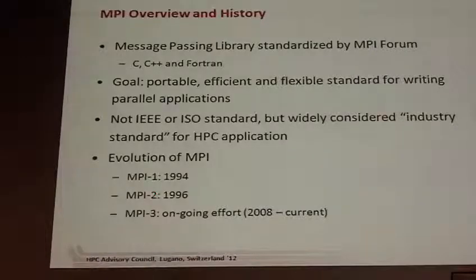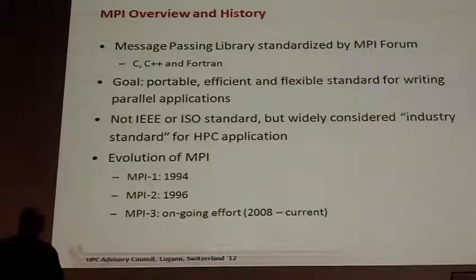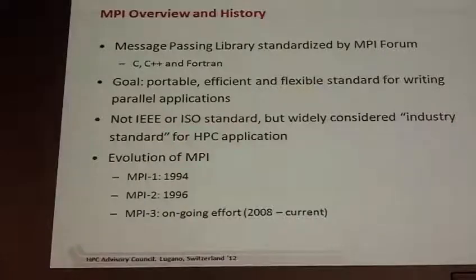A few years later, people tried to introduce newer primitives so that people can more easily write applications. This is where MPI-2 came. For almost 12 years, MPI-1 and MPI-2 have been the most common standards. Then starting from 2008, the MPI-3 effort has been going on. Again, I'll be talking more about that tomorrow.